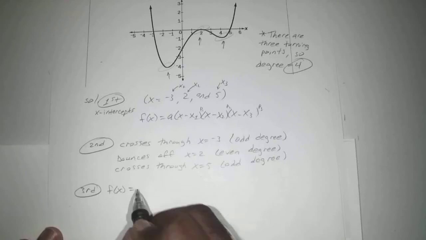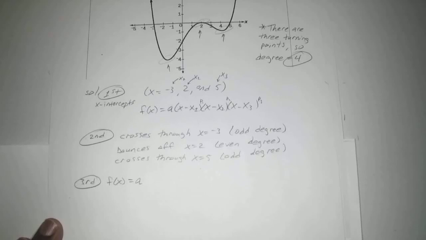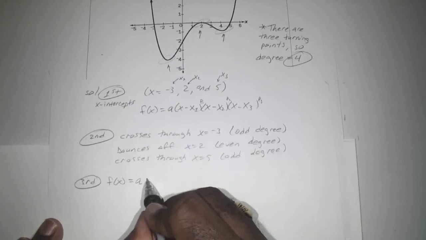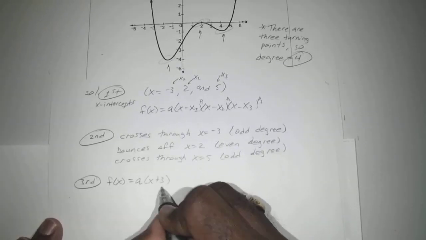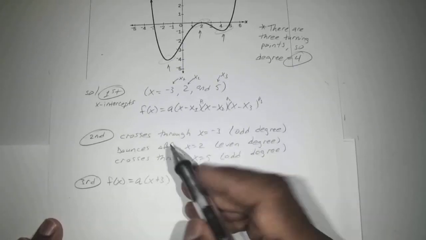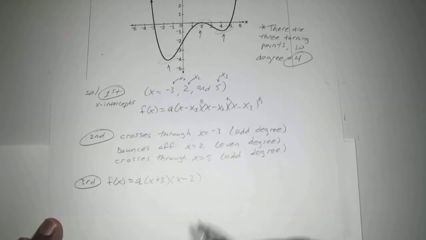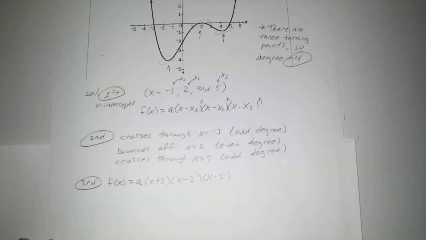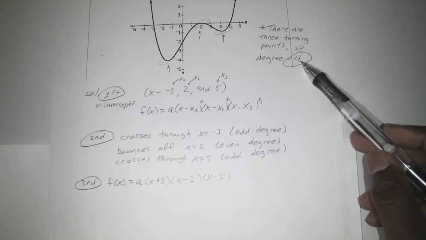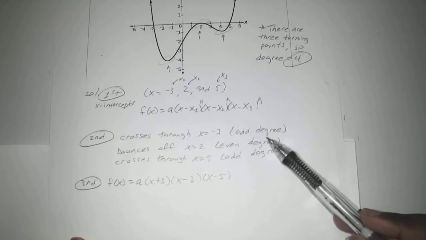Okay, so that means we have f of x equals a, since we still don't know what our a is. Our x minus x1, that would be x minus negative 3, so x plus 3, times x minus x2, that would be x minus 2, times x minus x3, so that would be x minus 5. Okay, so we know it's degree 4. We figured that out right at the very beginning. So if it's degree 4, what are the smallest exponents that will make this true?